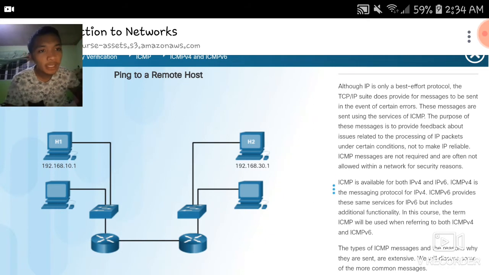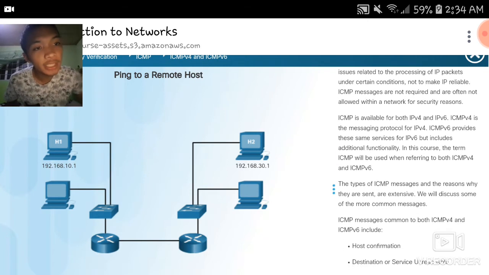Although IP is only a best effort protocol, the TCP/IP suite does provide for messages to be sent in the event of some errors. ICMP is available for IPv4 and IPv6. ICMPv4 is the messaging protocol for IPv4.